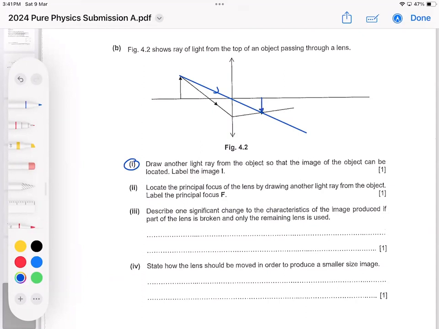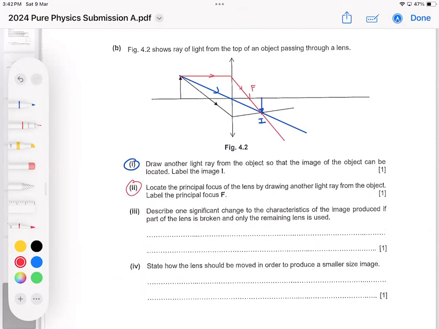So this will locate the image. To locate the focal point, we'll go parallel and then cut through the image. This point here will be our focal point. So these are the two pieces of information that we need.